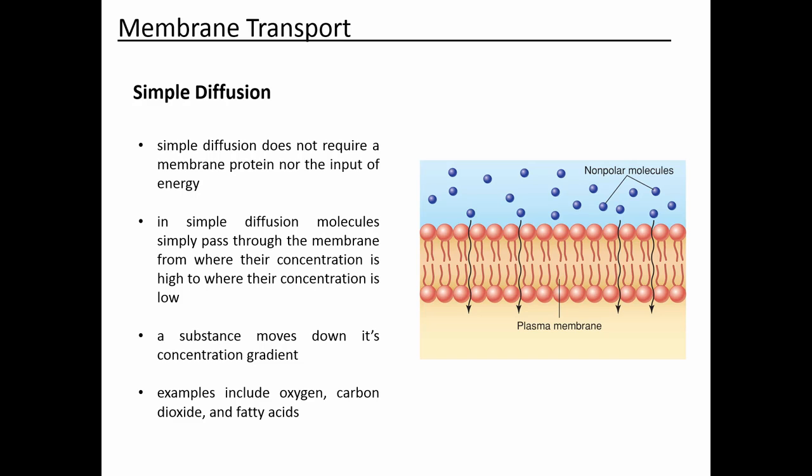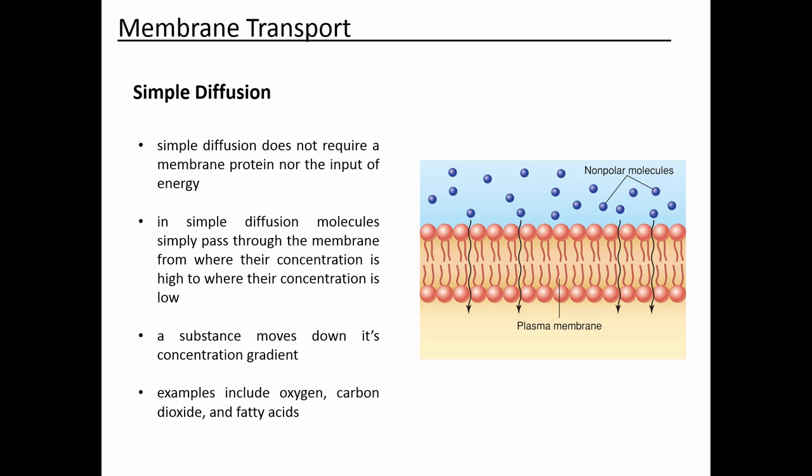And oxygen, carbon dioxide, and fatty acids are all nonpolar molecules. We said the reason that they can simply pass through a membrane is that they're highly lipid soluble. So they're highly soluble in this region and are able to just simply pass through a membrane.